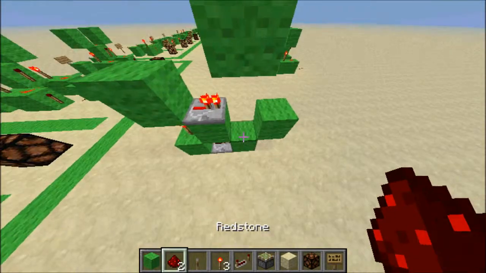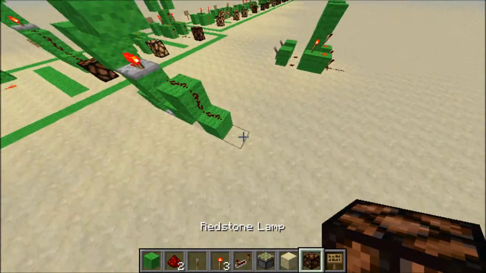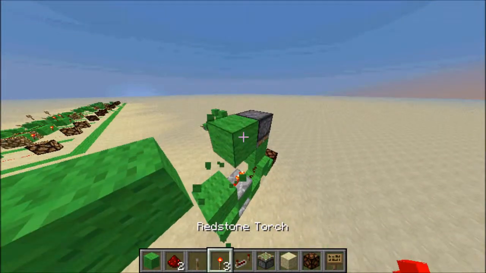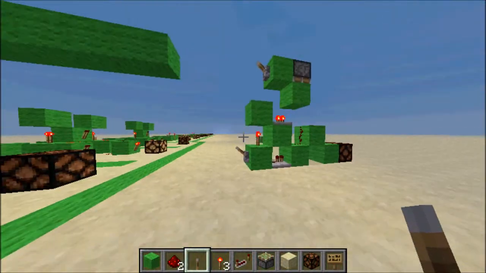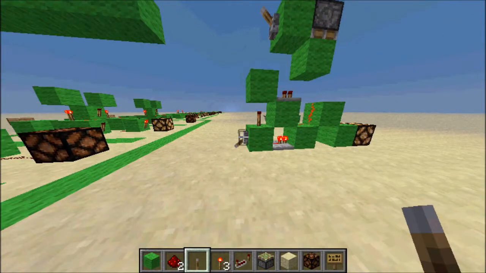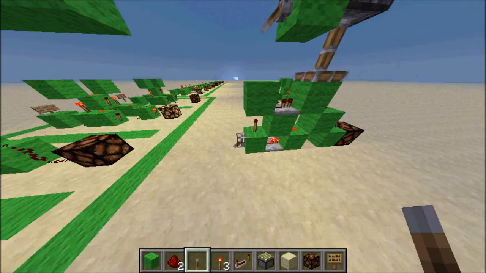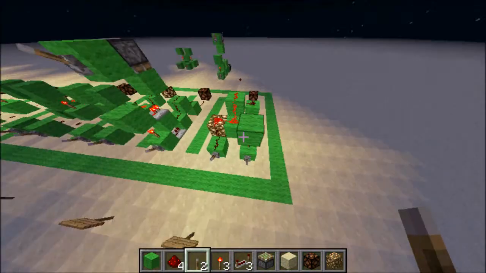Alright, and we have our output. So if we now put the lever there and one right there, there we go. It goes on, and off. So let's carry on to the next possibility.